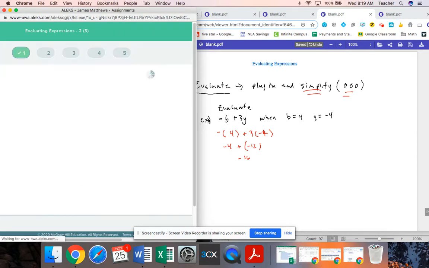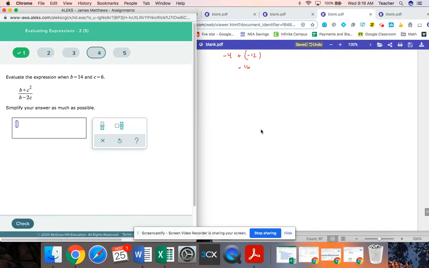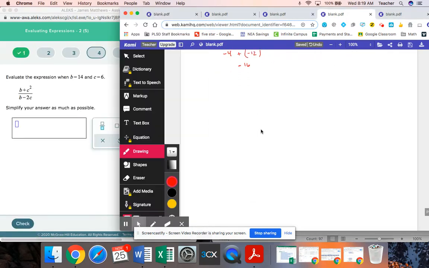I'm going to jump ahead and do another example. Maybe it's a little more complicated. Nice. Let's do this example. Again, it says to evaluate this expression. It's b plus c squared all over b minus 2 times c. And I want you to evaluate that when b is 14 and c is 6.